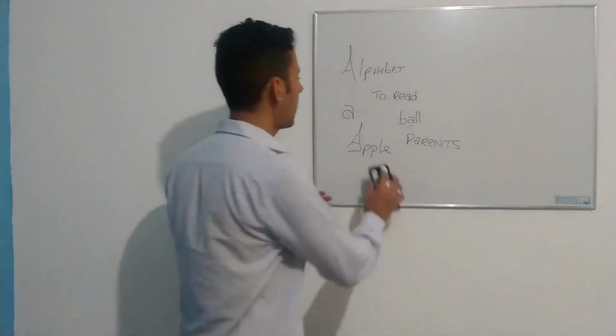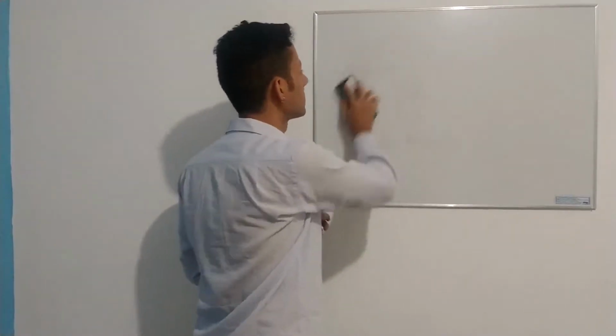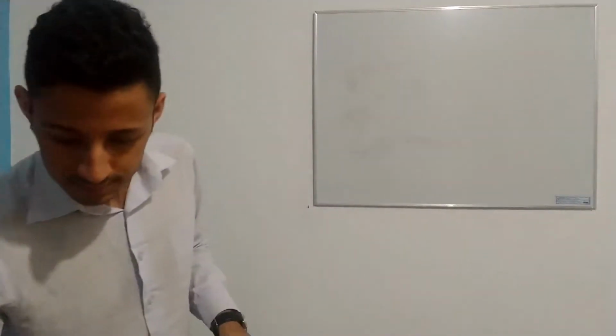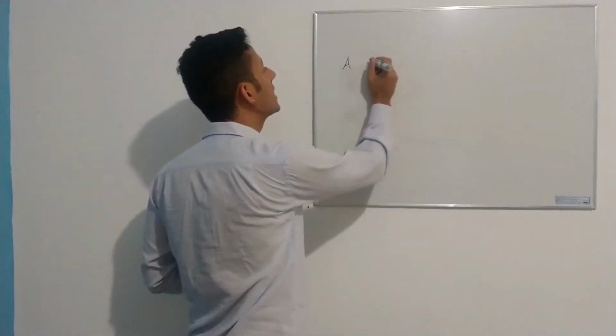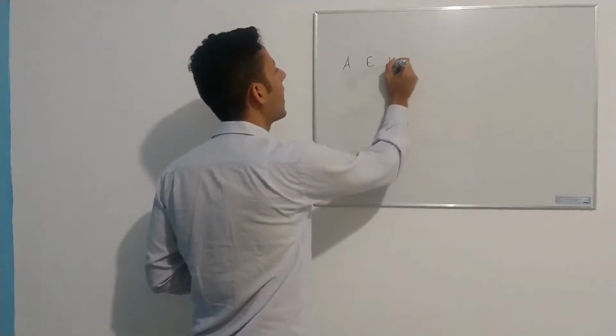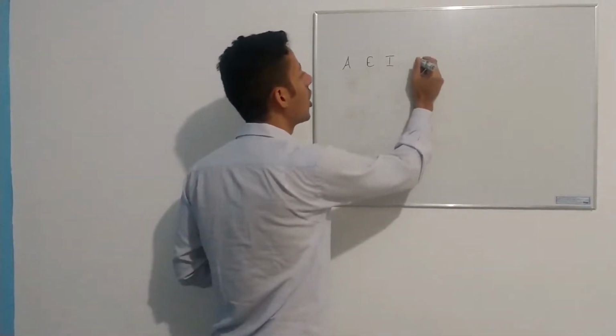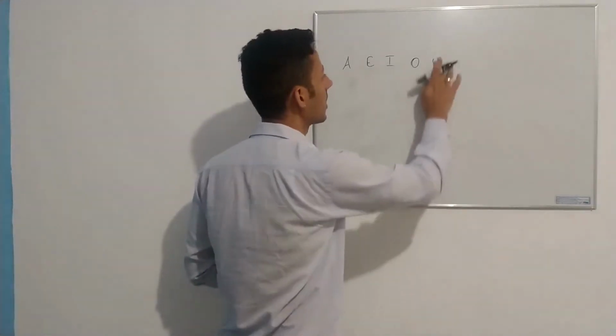The vowels are, of course, A, E, I, O, U. I'll write again.